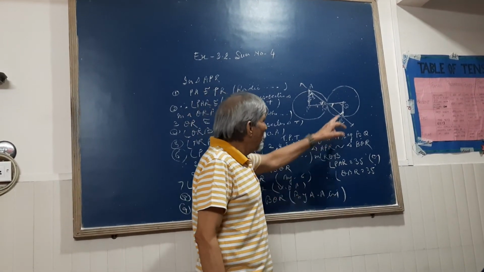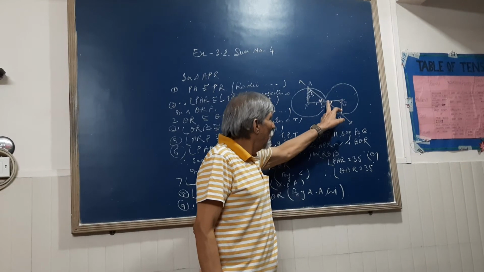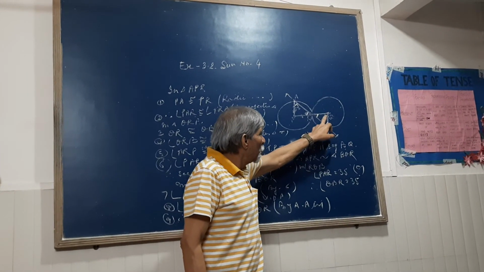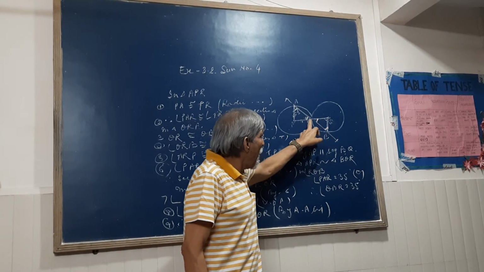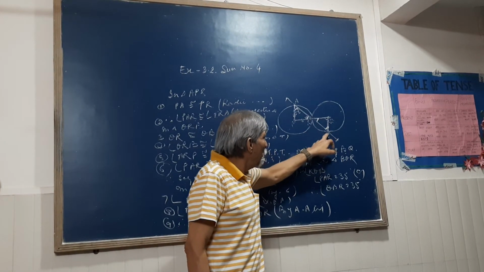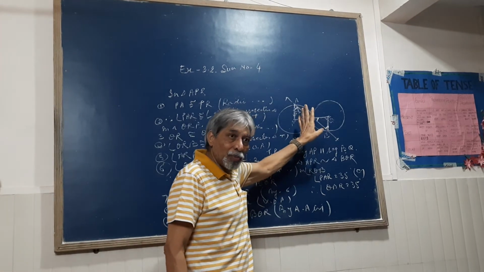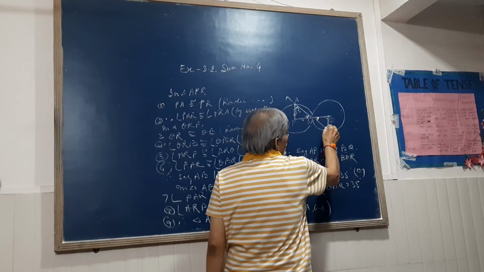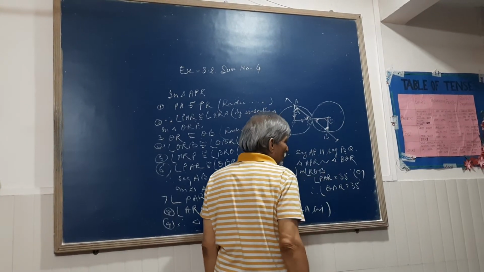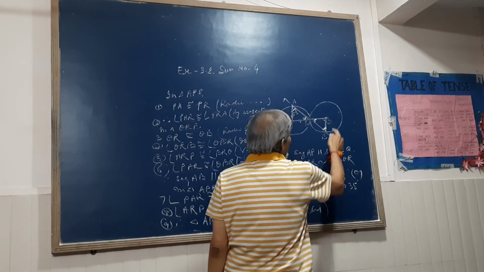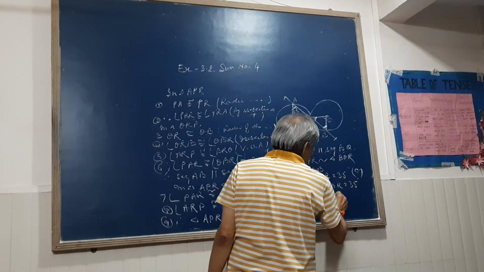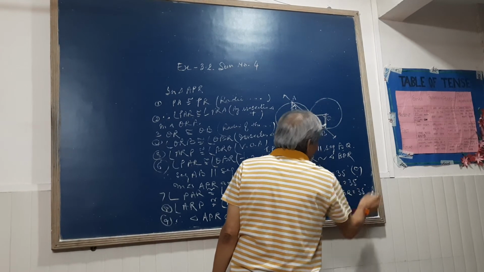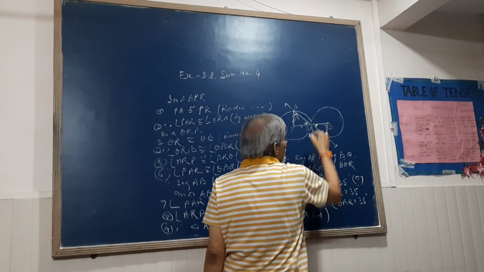Then you have to find out angle Q measure. QRB and QBR are congruent, already you have proved. This angle is congruent to this one. So if this is 35, this one should be 35. So now this is 35, this is 35.